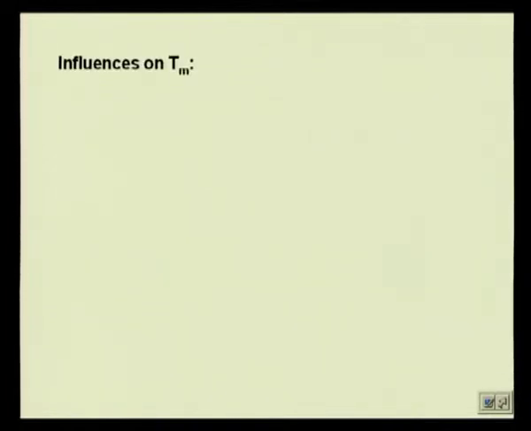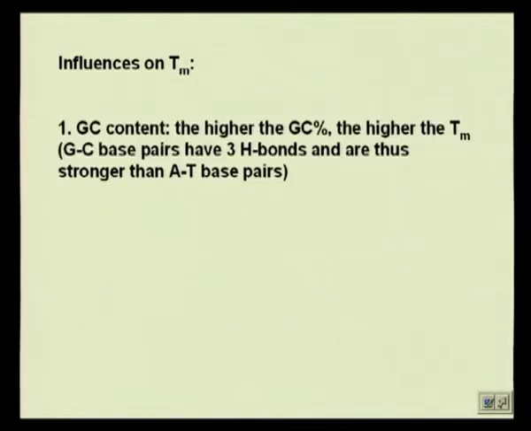So, we have to look at the influences on the melting temperature. The GC content. Now, we know why. Okay? The higher the GC percentage, the higher the Tm, because the GC base pairs have 3 hydrogen bonds and are thus stronger than AT base pairs that have 2 hydrogen bonds.